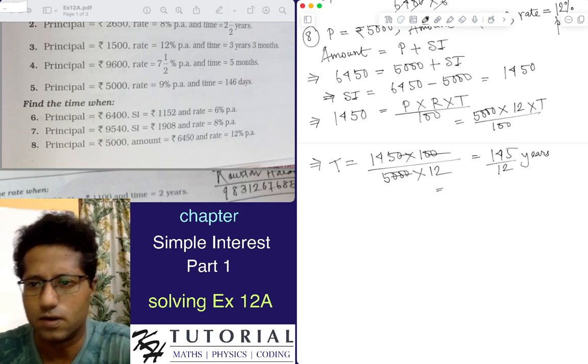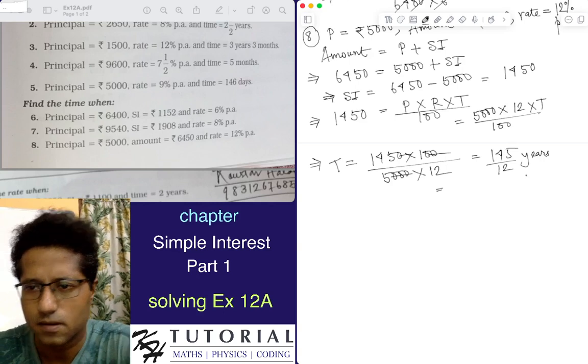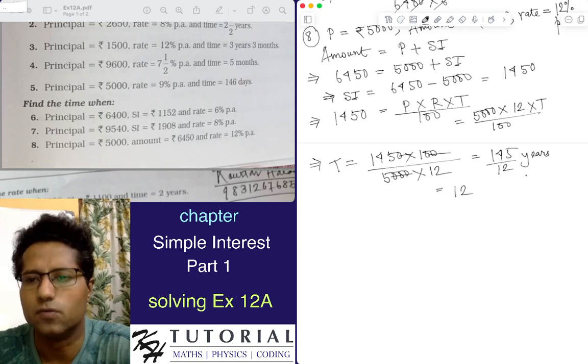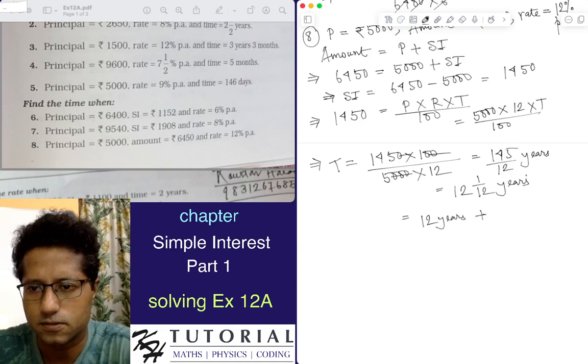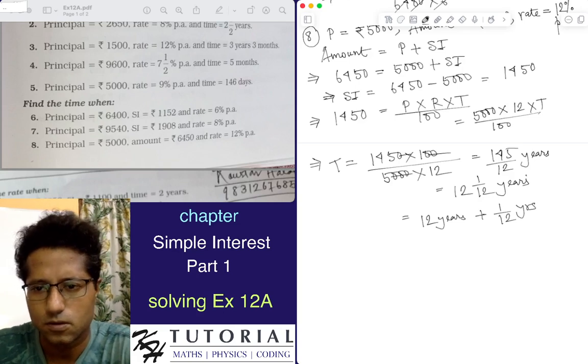Now if you convert it to a mixed fraction, we have 12 and 1 by 12 years. So this means 12 years plus 1 by 12 years.